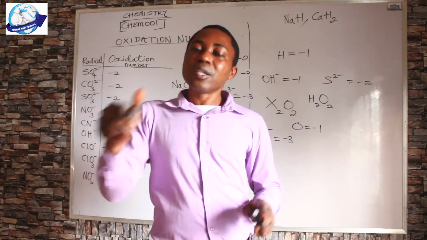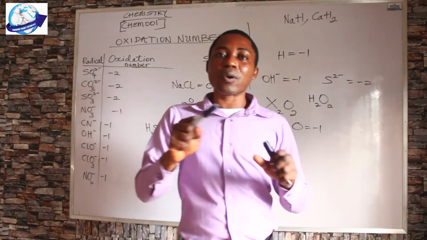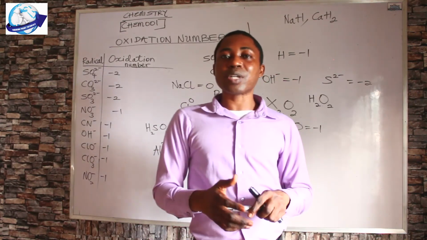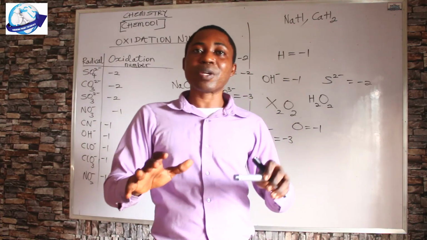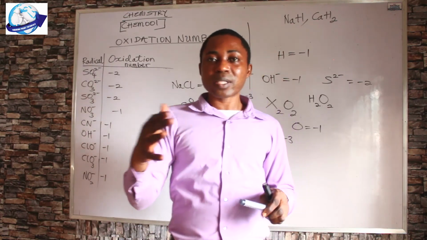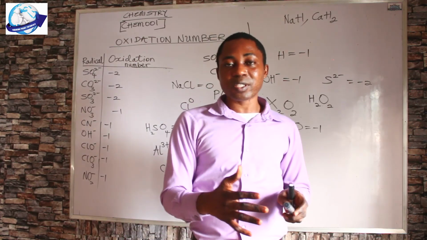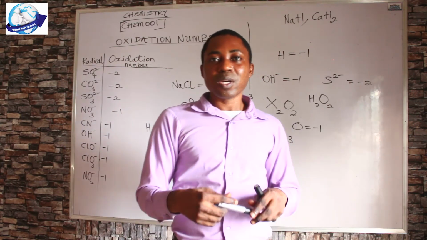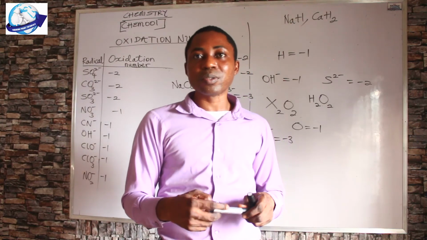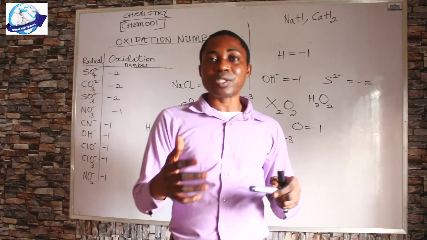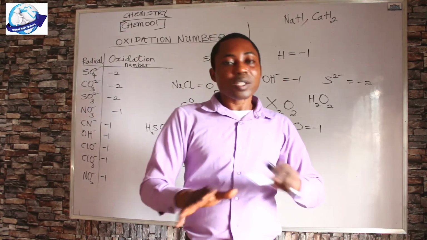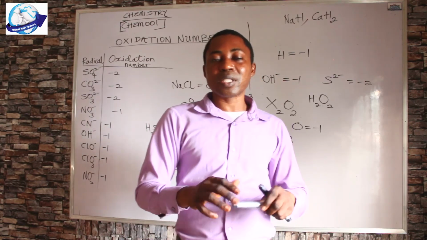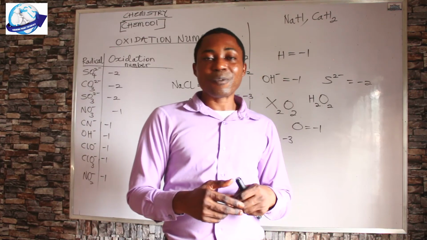Then we'll consider whether it's in acidic medium, alkaline medium, or neutral medium. And when we get all these things completed, we can be sure we can handle questions in external exams like the WAEC examination, NECO examination, the UTME examination, or even the post-UTME examination. You can fully be sure to get through all the questions and answers without any confusion.